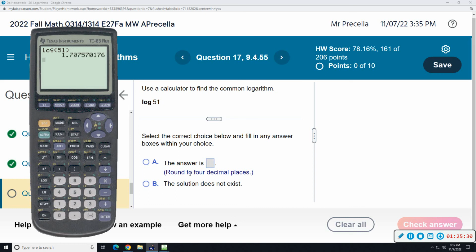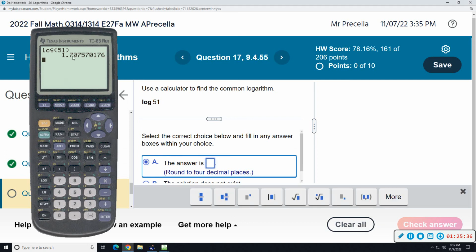And we're told to round this to 4 decimal places. So let's see. How would I round this to 4 decimal places? 1, 2, 3, 4. I think this is the 10th or the 11th week? And this is the first time this semester we've had to round a number. In algebra, you don't do much rounding. But here we are.